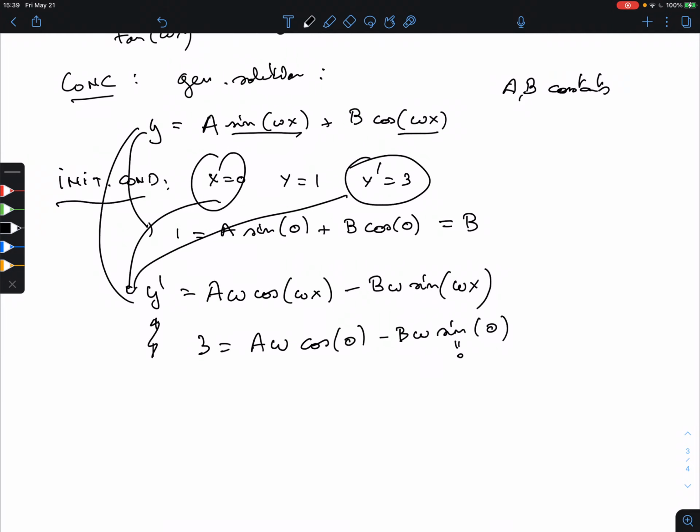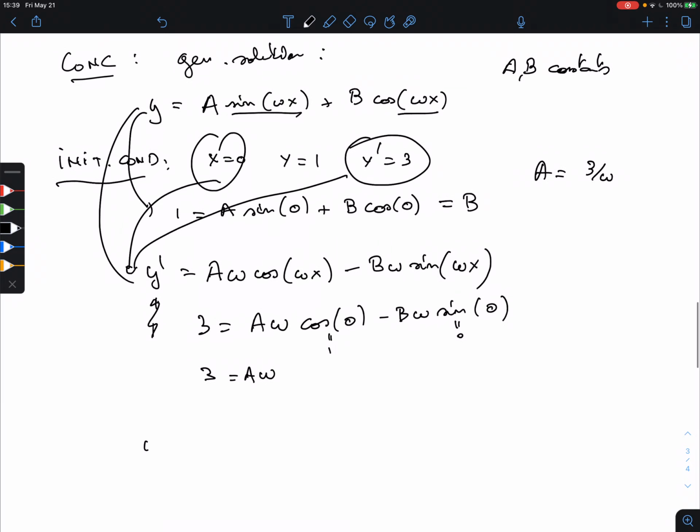Okay, this is 0 and this is 1, so we get A omega is 3, so we see that A is 3 over omega. So what does that mean? Our solution is y equal to 3 over omega sine omega x, plus B was 1, plus cosine omega x. Notice that I actually took a general omega here. I could have done a specific omega.